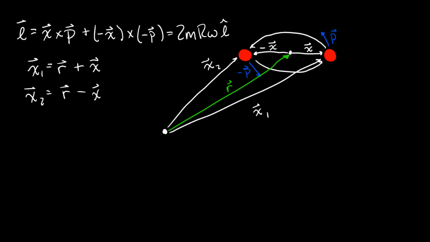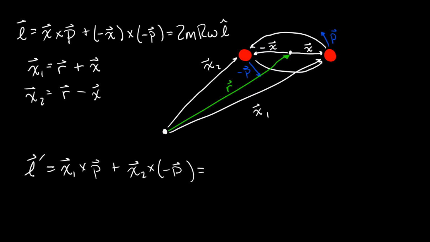So now let's do this same thing as before. Let's try to find our angular momentum in this primed system. And what I get is x1 cross p plus x2 cross minus p, because remember, the momentum doesn't actually change when I go to this new origin.